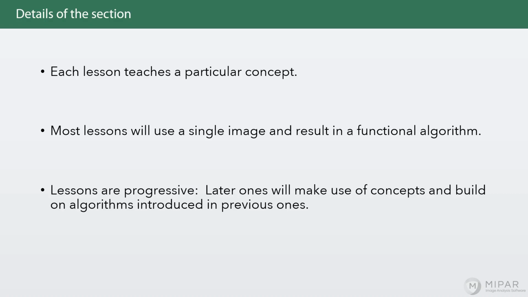Also, the lessons are progressive. We'll start with just building a very basic recipe, then we'll move to cleaning a segmentation, then we'll move to manipulating a segmentation to pull out additional information, all progressively building upon each other. So I do encourage you to start at the beginning if you can.